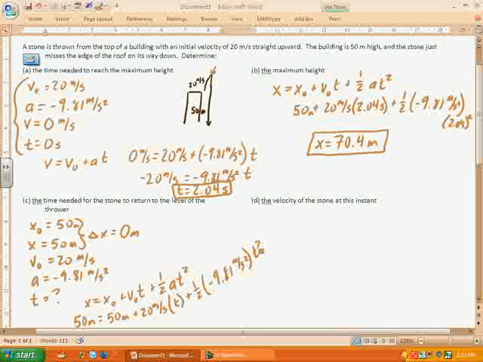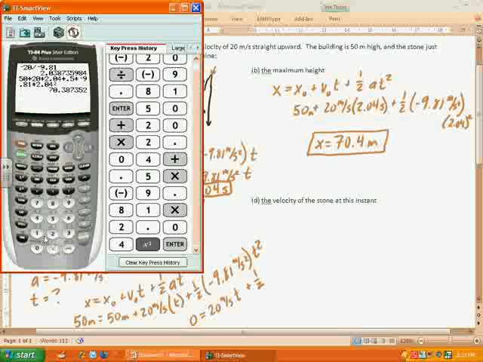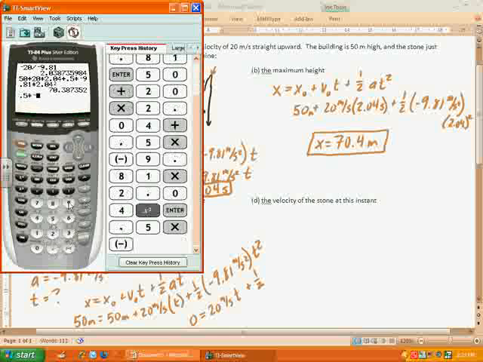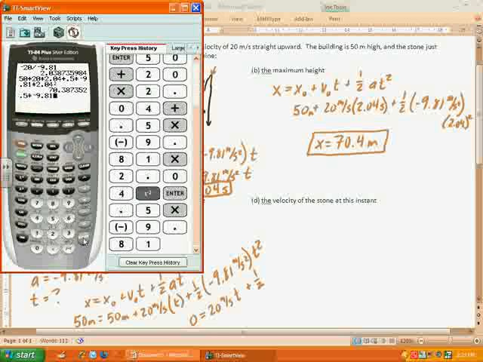We'll subtract the 50, which means that 0 is going to be equal to 20 times t plus 1/2 times negative 9.81. Go ahead and do that.